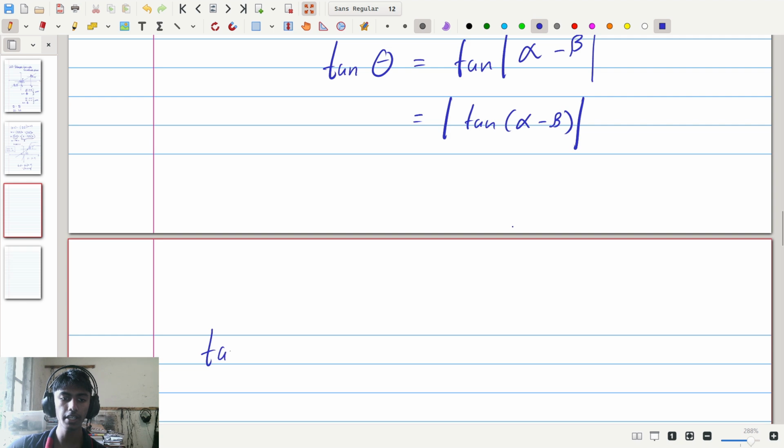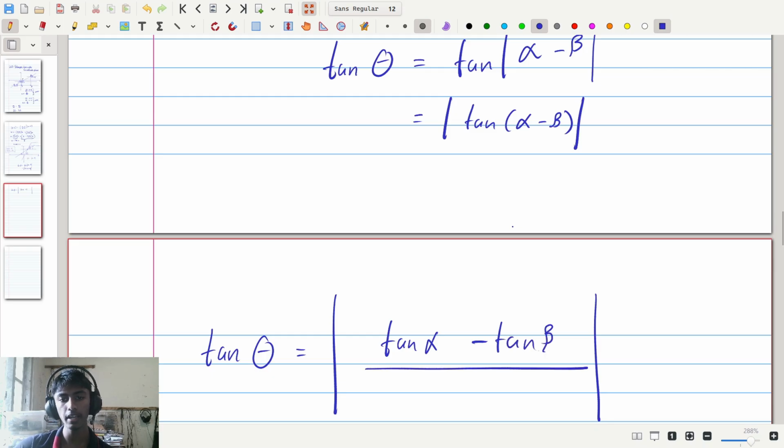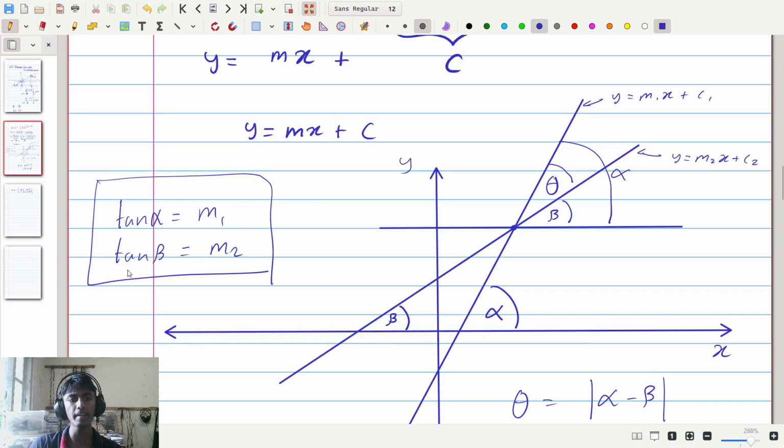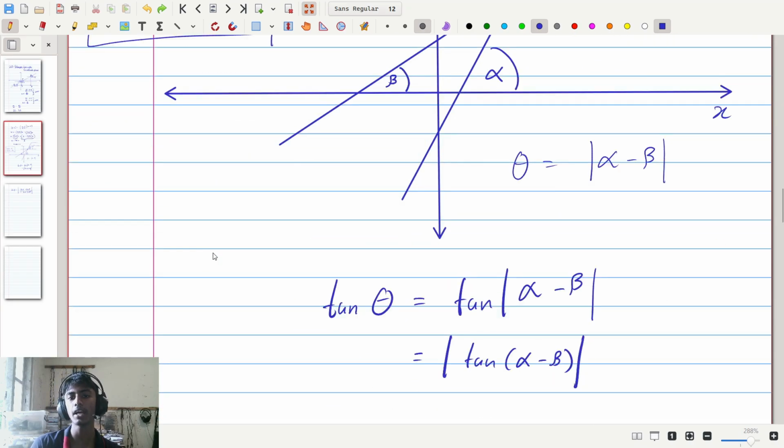From this identity we can see that tangent of theta is equal to the absolute value of, and on the inside, tangent of alpha minus beta is going to be equal to the tangent of alpha minus the tangent of beta divided by 1 plus the tangent of alpha times the tangent of beta. Now then, we know what tan alpha and tan beta are from up here. What we're going to do now is substitute those into this expression that we have. Tan alpha is m1 and tan beta is m2.